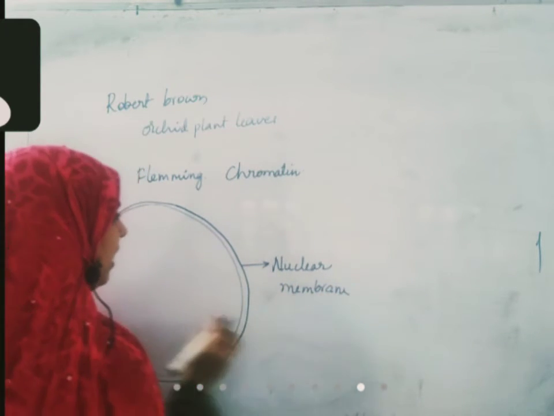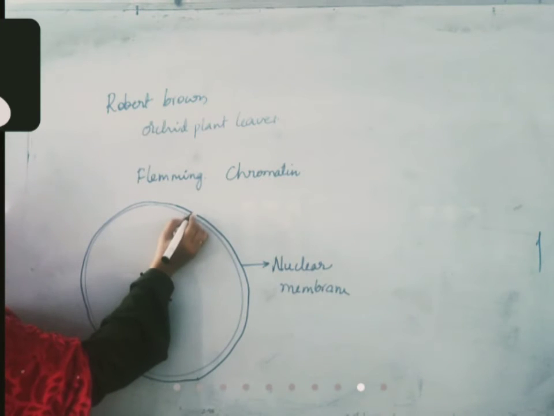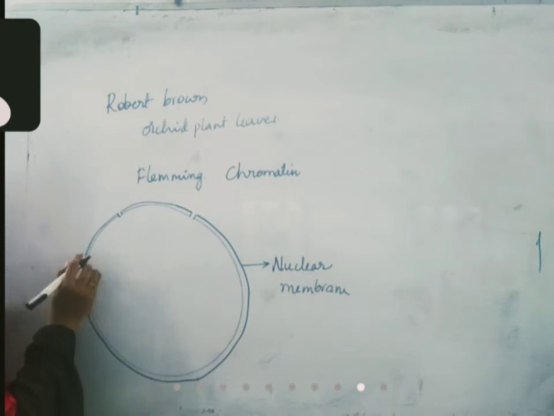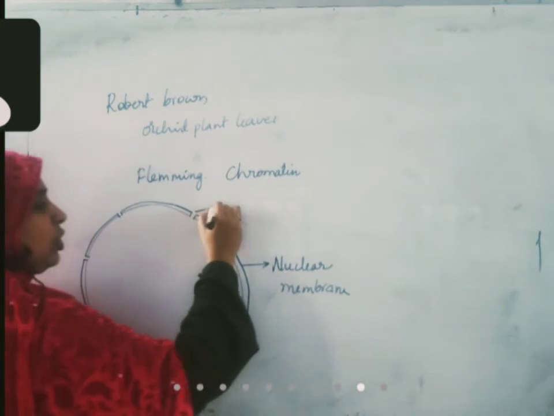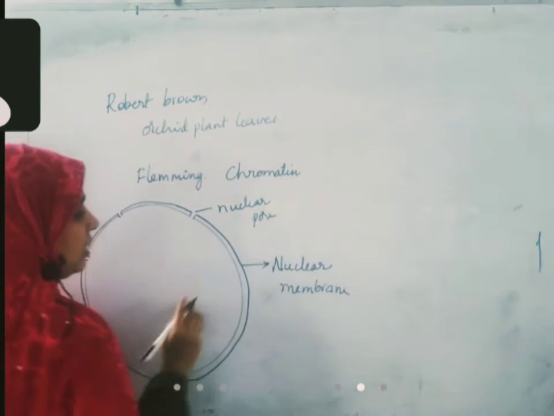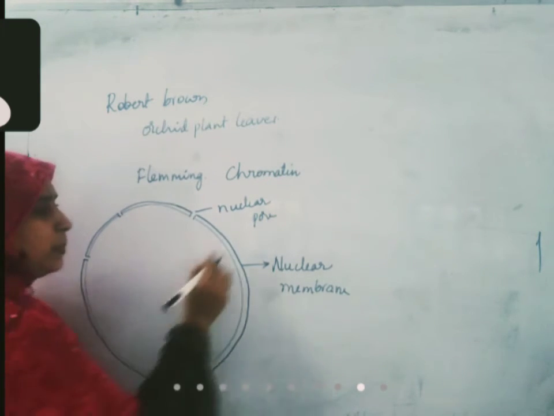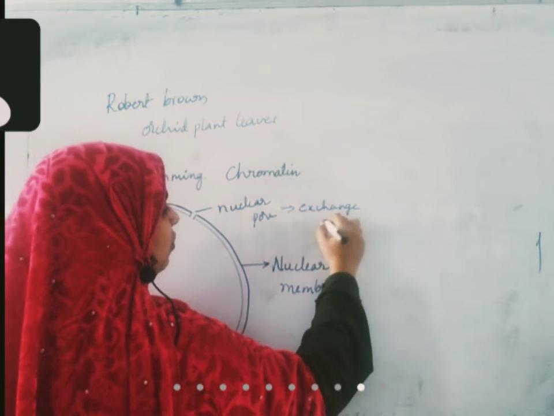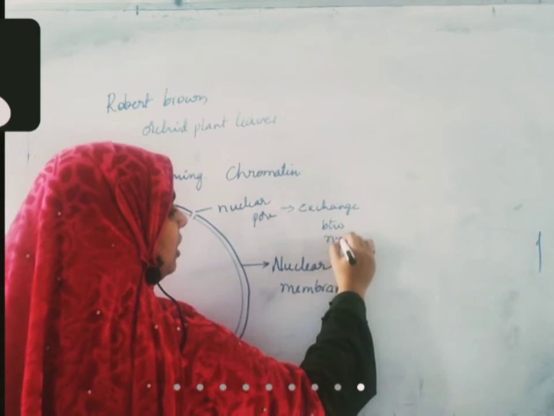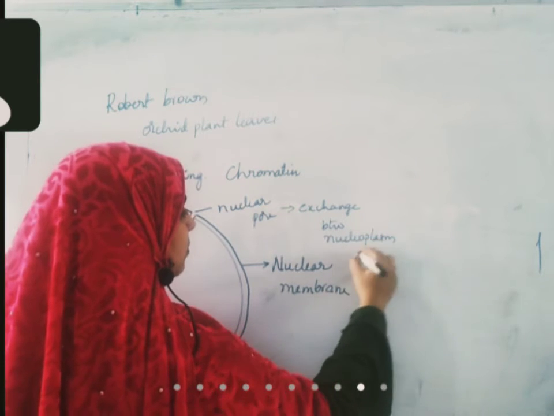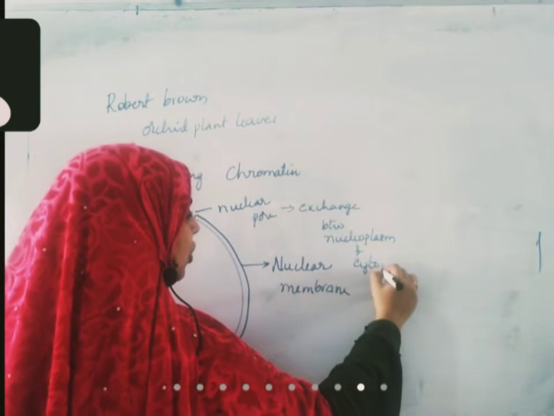The nuclear membrane has small holes in between, very small holes, and these are called nuclear pores. Nuclear pores help in exchange of substances between nucleoplasm and cytoplasm.